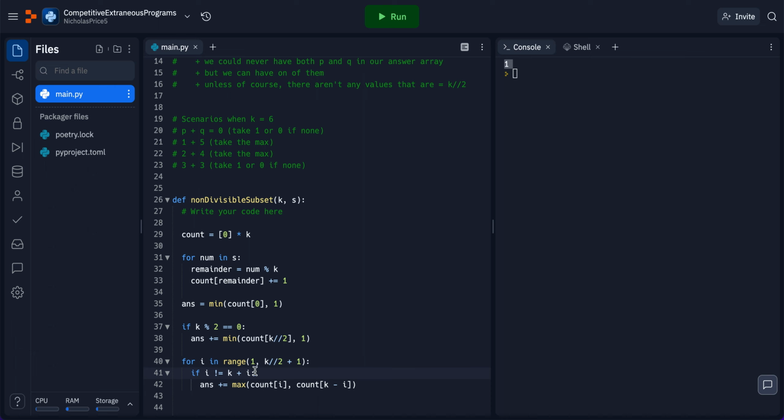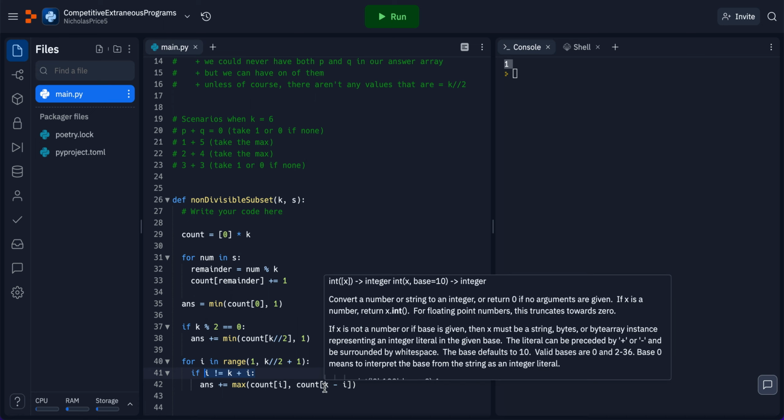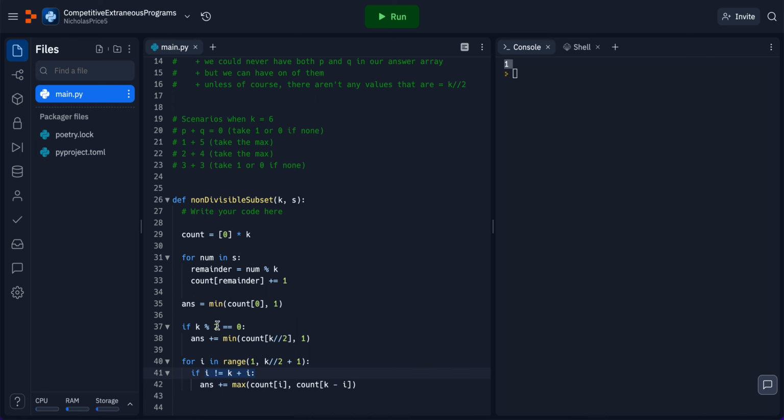I know it's confusing, but this is that scenario. And the reason we want to exclude this is because we've already accounted for it. We've already accounted for it here. It will never occur in an odd scenario, and in an even scenario, which we indicated here, it will never occur.